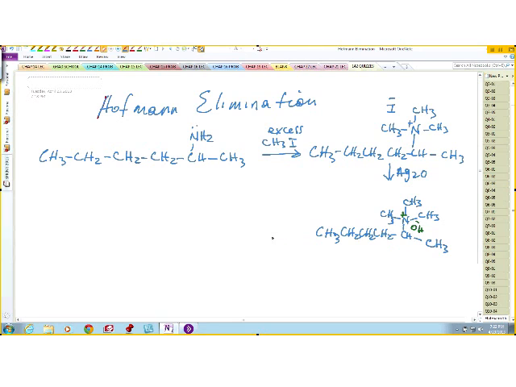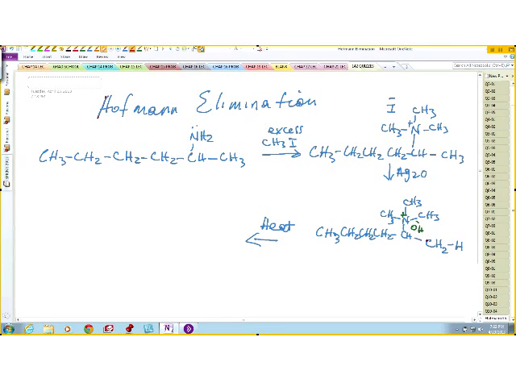Now, if you take this molecule and you apply heat, this hydroxide will pull one of the hydrogens here. To make it a little bit more obvious, let me make this a CH2 and hydrogen here.